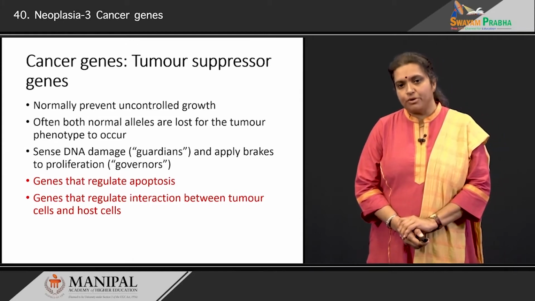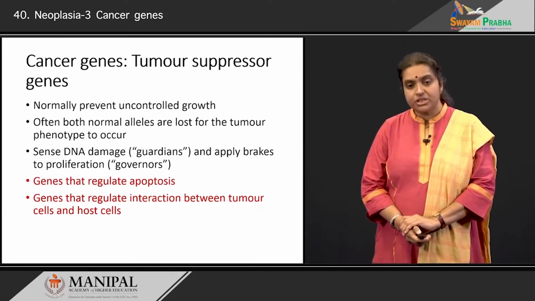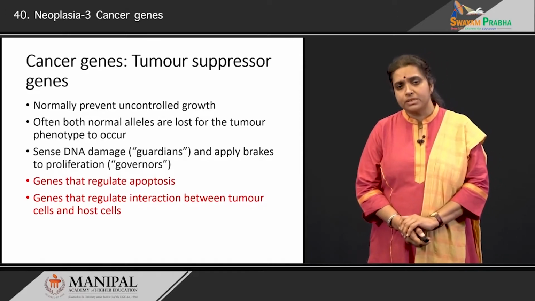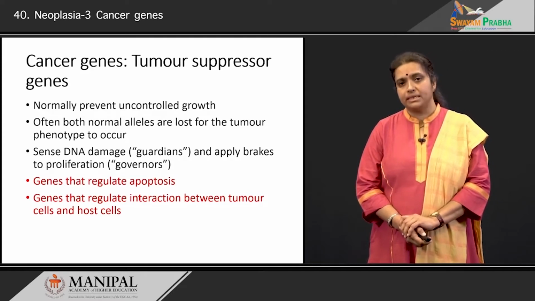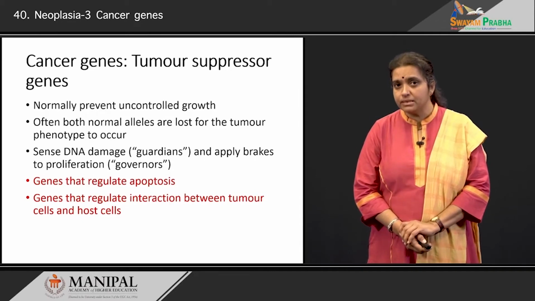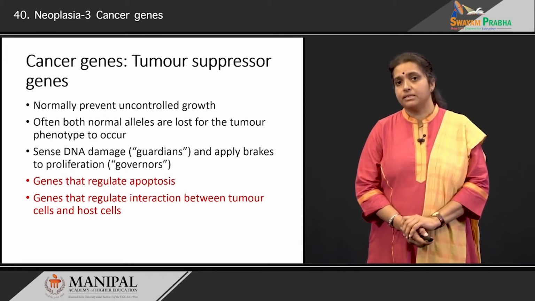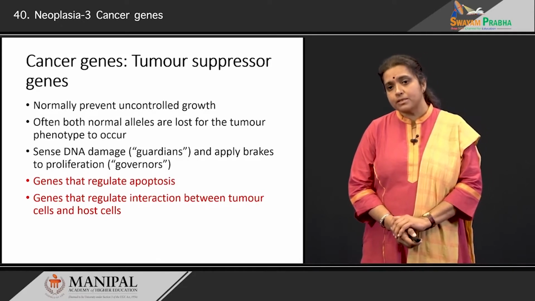Now, the other classes of genes I already mentioned are genes that regulate apoptosis. Apoptosis, as you know, is a normal cellular mechanism wherein cells normally die for whatever reason. One of the reasons is when there is DNA damage, they undergo cell death. This is a natural process.